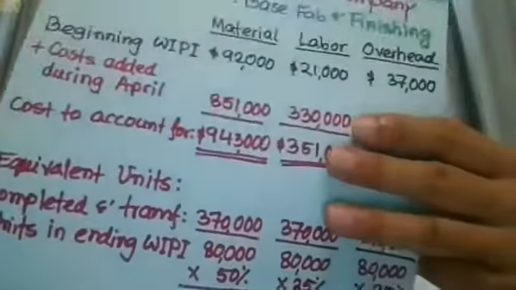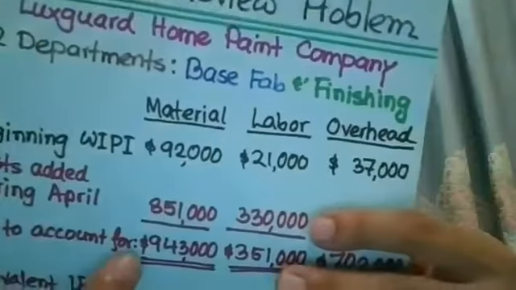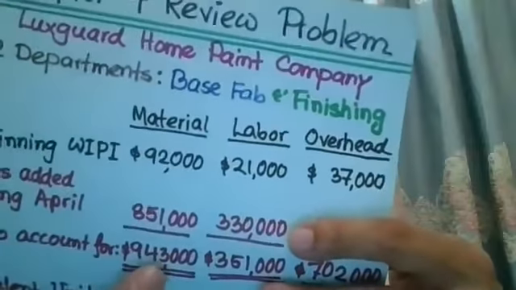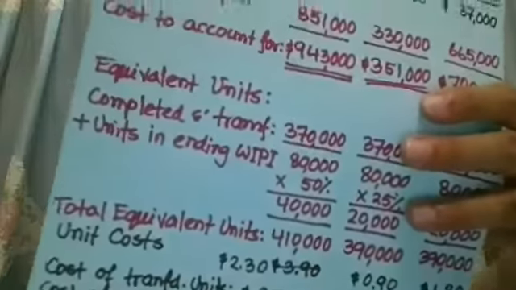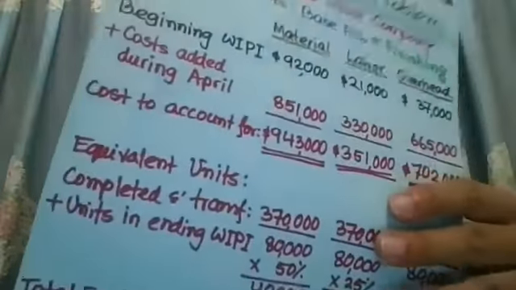So now the cost reconciliation. You can see we had to account for $943,000 of material cost, and we have accounted for it here. So how do we account for it? We have two types of output. Some output are ready and have already been transferred to the next department, the finishing department. So what is their cost? Multiply how many units you sent, 370,000 units to the next department.